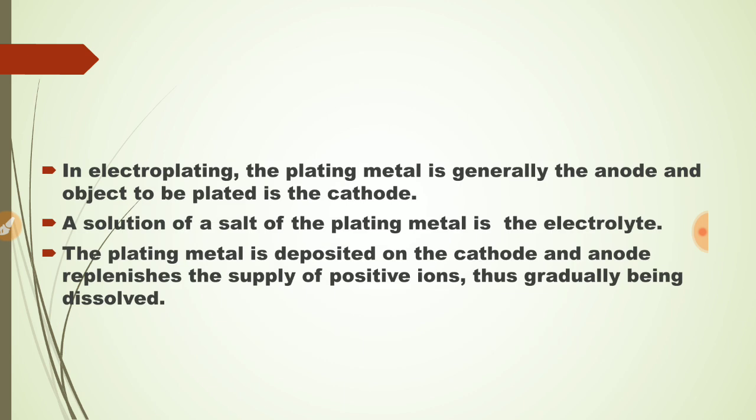So, in electroplating, the plating metal is generally the anode and object to be plated is the cathode.